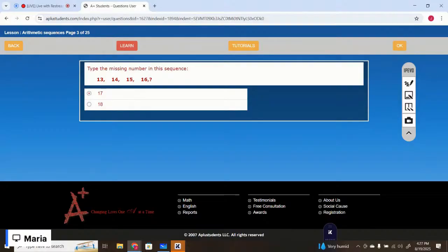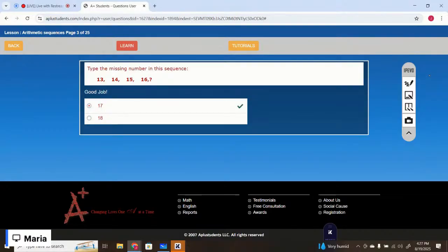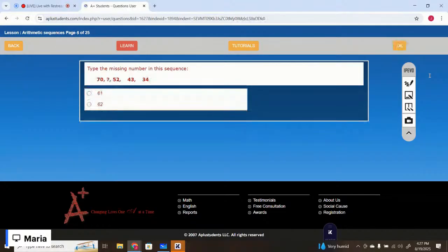Option number 1 is the correct option. Type the missing number in the sequence: 70, the missing number, 52, 43, 34.